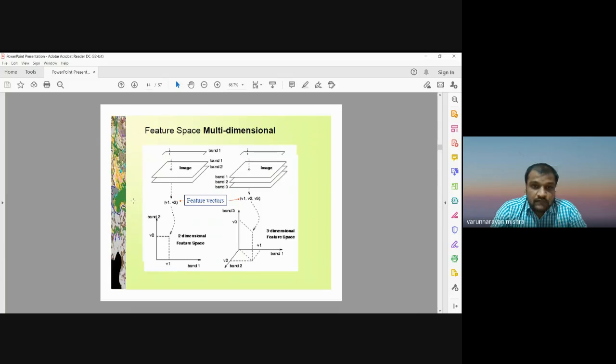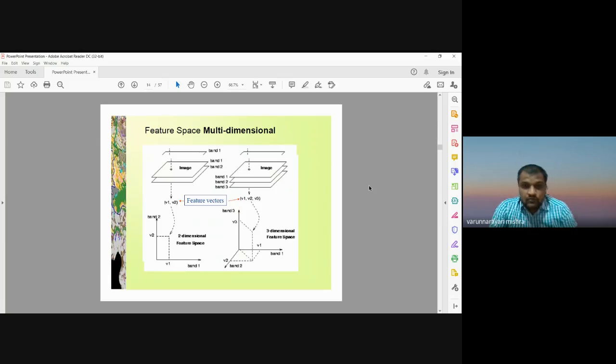Okay, so this is the feature space for multi-dimensional images. This figure shows the feature space for multi-dimensional space, that is, having images in multiple bands, 1, 2, 3, and for each band we can have the feature space. When we talk about only 2 bands, band 1 and band 2, it is considered a 2-dimensional feature space. When we consider 3 bands, that is band 1, band 2, band 3, it is considered a 3-dimensional feature space.